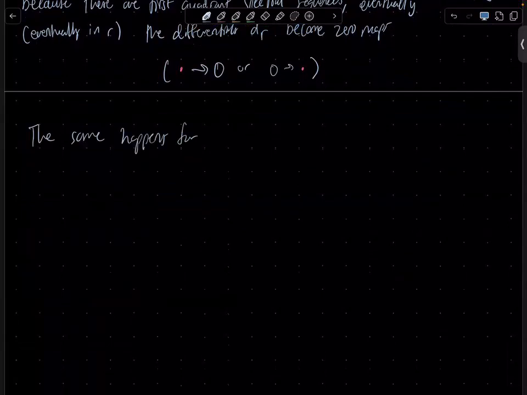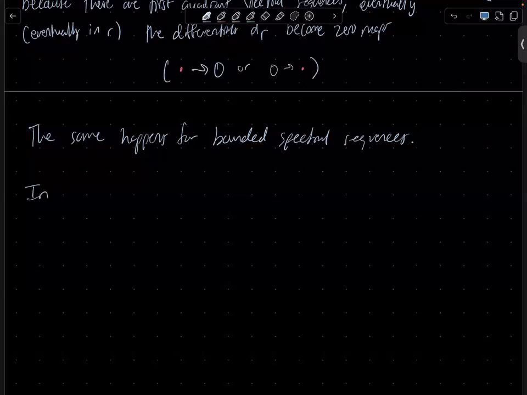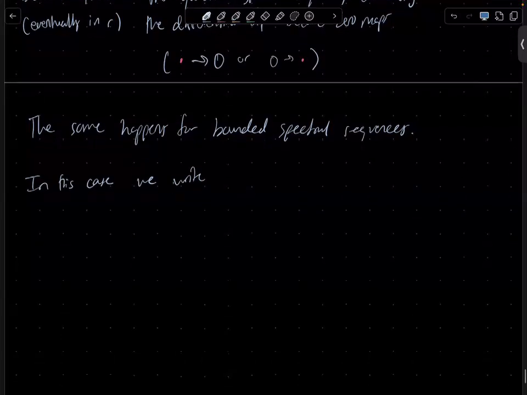So we say E_r^{PQ} stabilizes to what we write as E infinity PQ for each PQ.